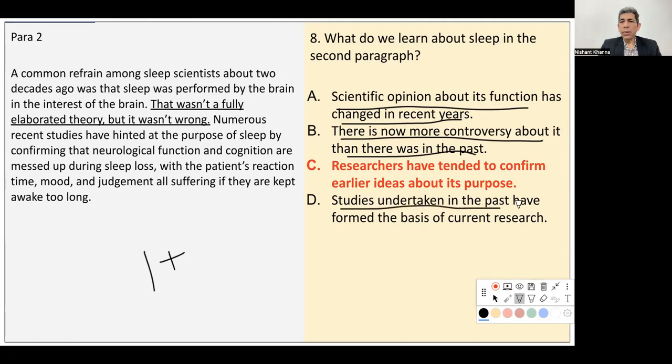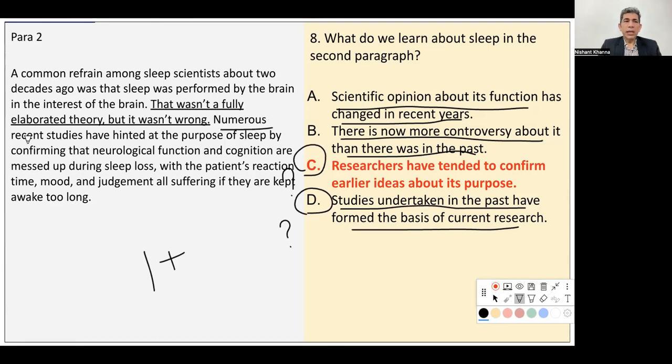Studies undertaken in the past have formed the basis of current research. It can be. So let us put this as a question mark. And researchers have tended to confirm earlier ideas about its purpose. So it also can be. But the D part is not very clearly connected to this paragraph.